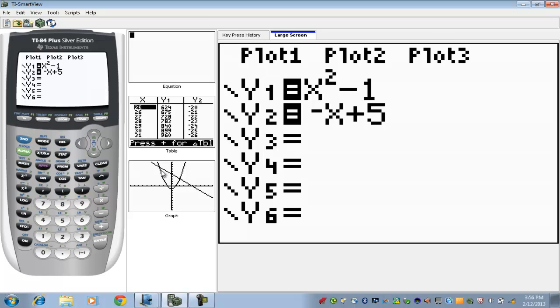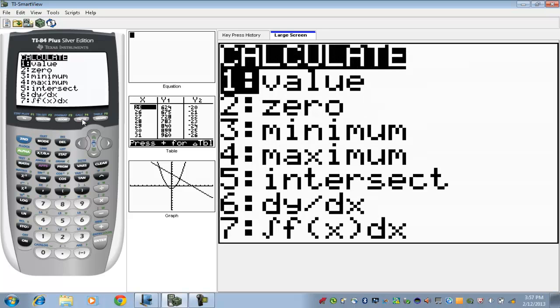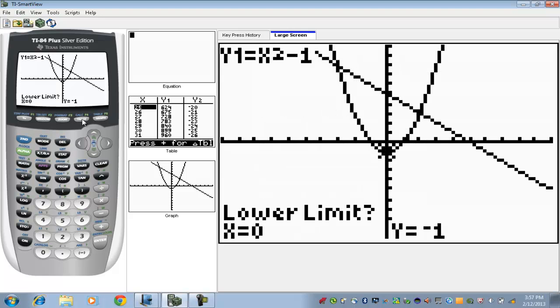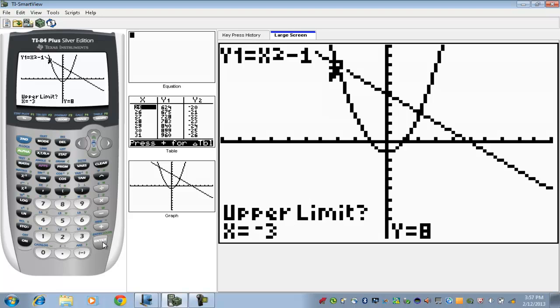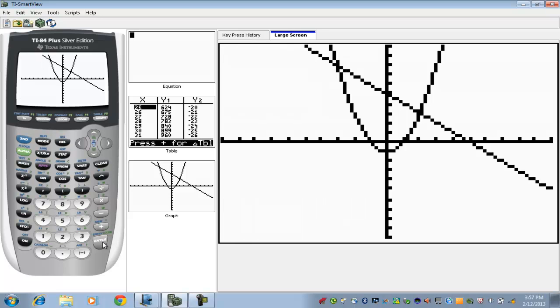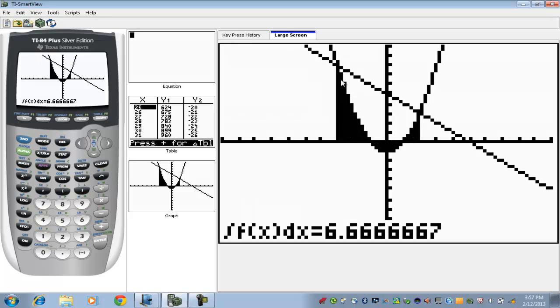It does not allow me to find the area of the bounded region directly. If I calculate the integral, let's press number 7. Lower limit we know is -3, upper limit we know is 2. You see, this does not give me the area that I want. In fact, I'm interested in finding this area here.